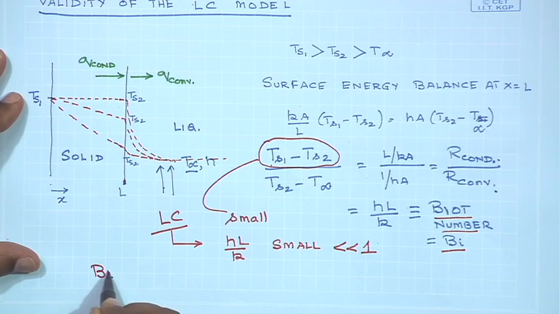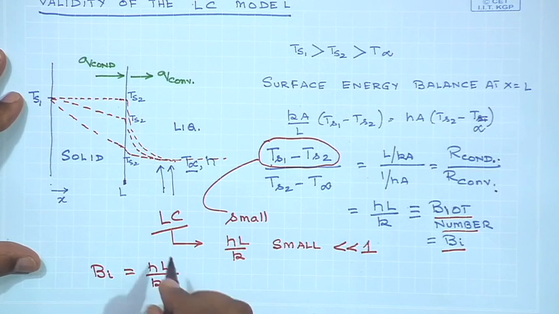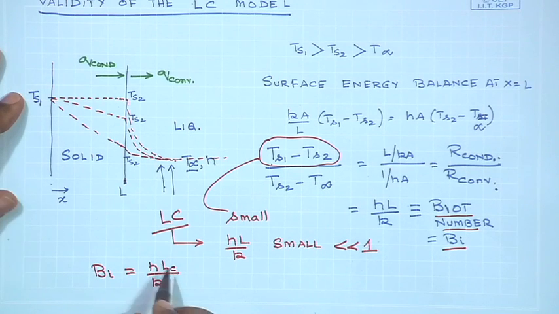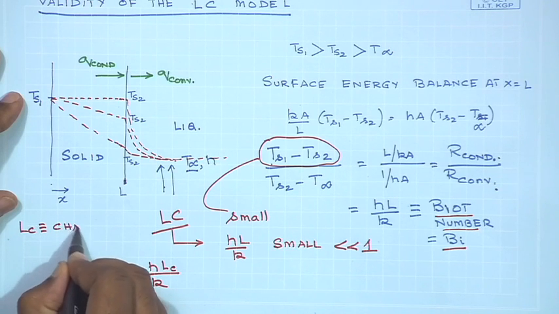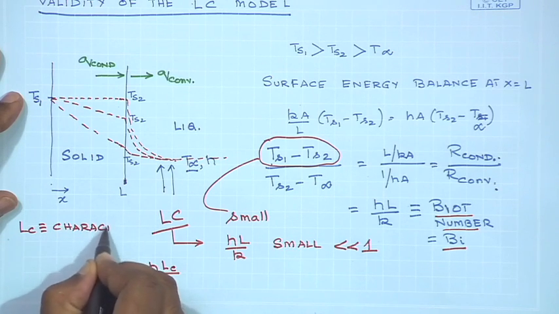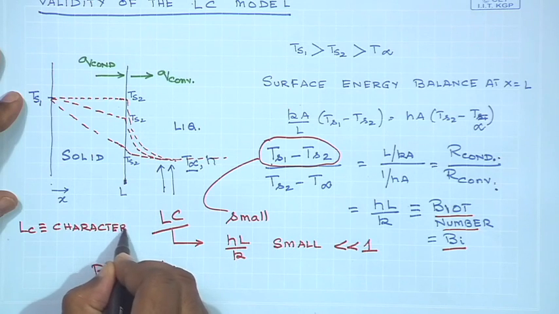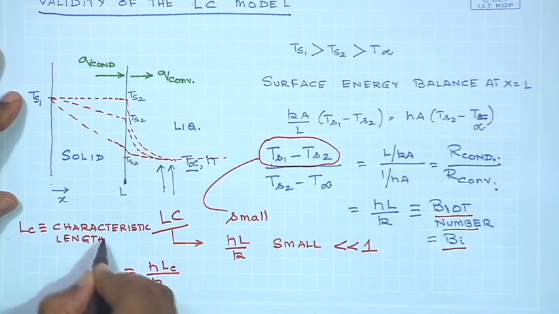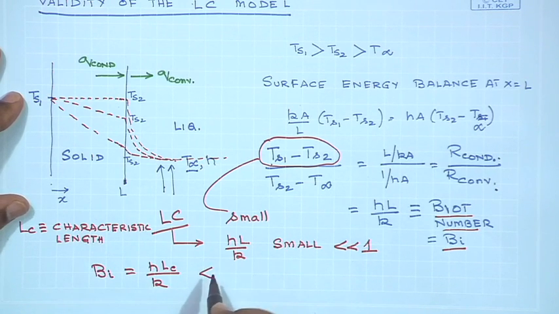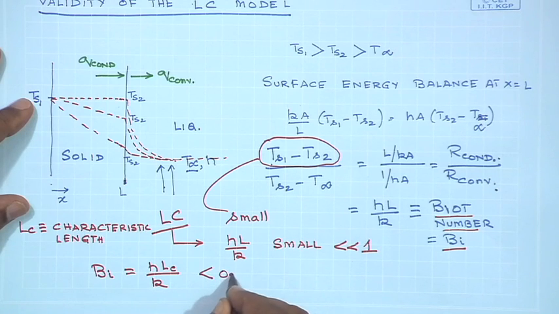Normally, the Biot number, which is defined as hL by k, and this L I would now substitute with Lc. So, Lc is nothing but the characteristic length of the solid. So, this Biot number should be less than 0.1.